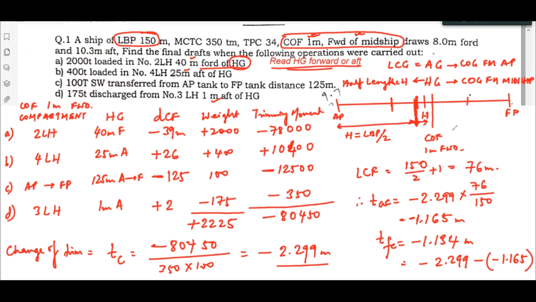Yeah, that HF will be given to you, na? Or you can make it from the sketch also. ये sketch पे भी तो बनाया हुआ है ना? So LCF will be from here up to here. This will be the LCF. Okay, आगे चलें.